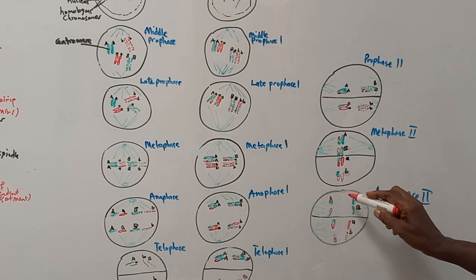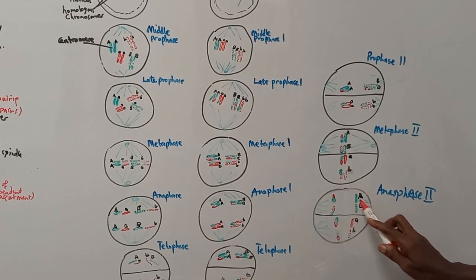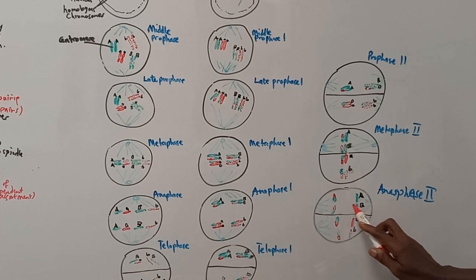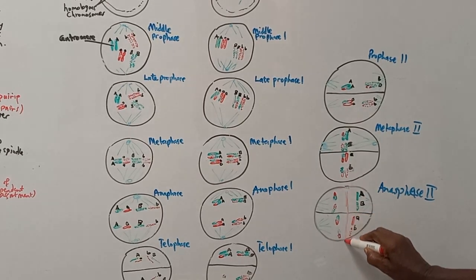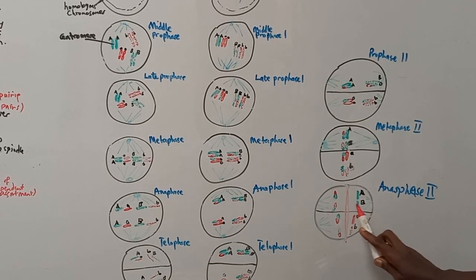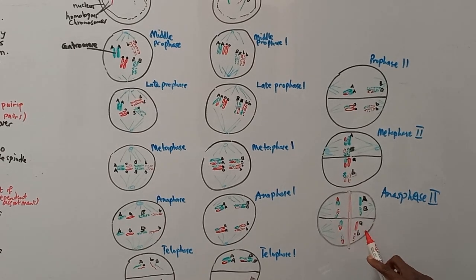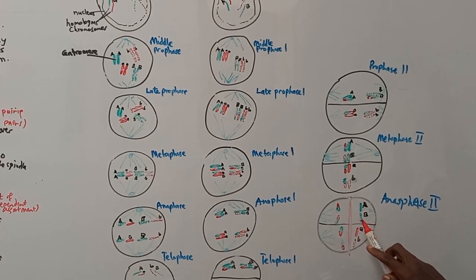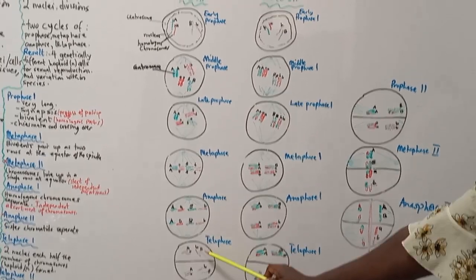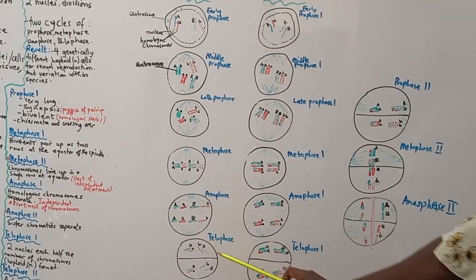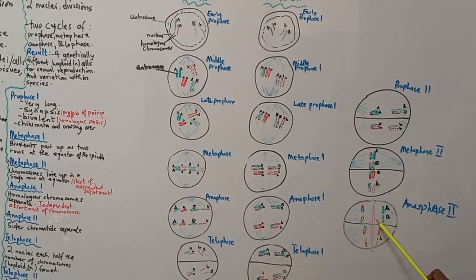And in telophase 2, the chromosomes or chromatids have arrived at the opposite poles and the nucleus divides, and you end up having 4 nuclei, 1, 2, 3, 4. Each of them with a haploid number. So note the difference between telophase in mitosis and telophase 1 and telophase 2.